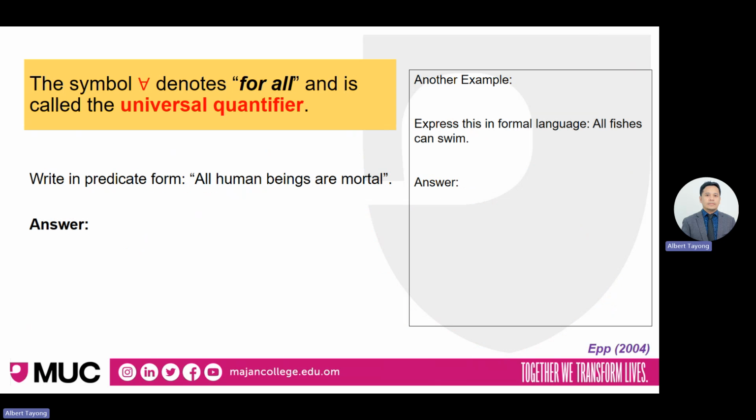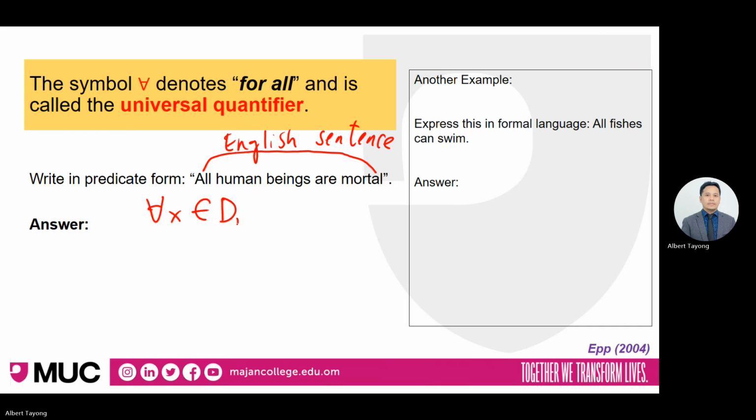Okay, let's start with the first English sentence. This is our English sentence. Now we are going to use this form, the universal quantifier, to change this into predicate form.